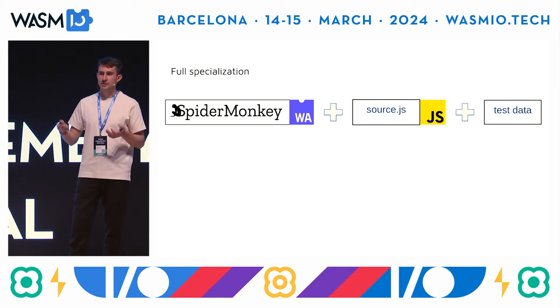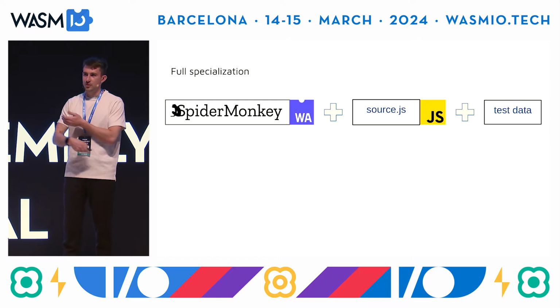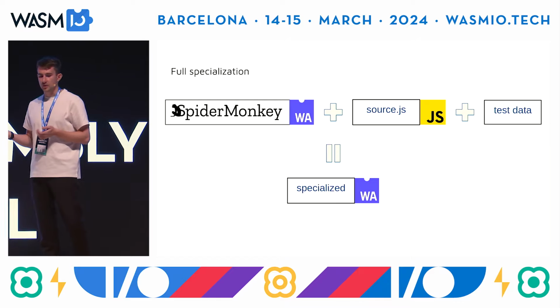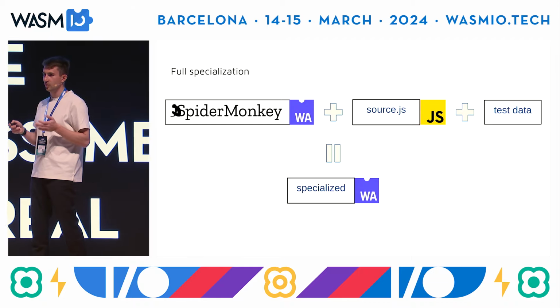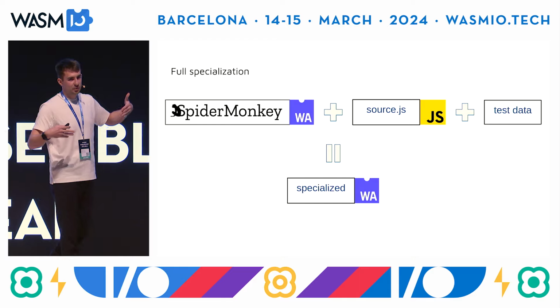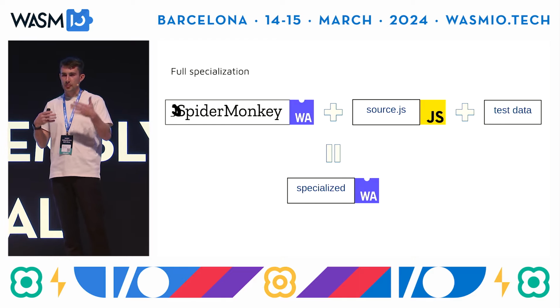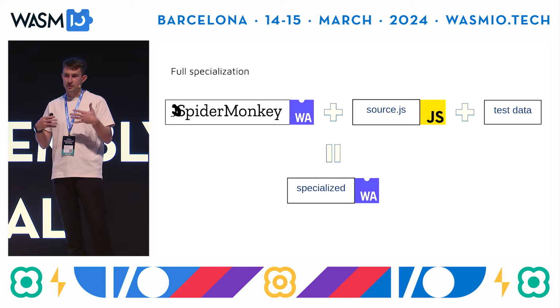Or, for example, you're using the component model and you know the real type that is going to your function in JavaScript. And we will provide you a fully specialized, only one WebAssembly module that is the compilation of SpiderMonkey with all of JIT, JIT modules together.